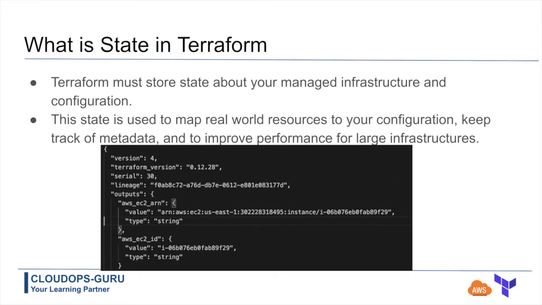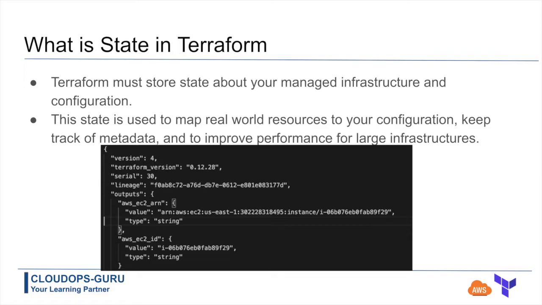So let us start understanding what a state is in Terraform. State is a file which stores all the state information of your managed infrastructure and its configuration. The state file includes all the real world resource mapping of your infrastructure.